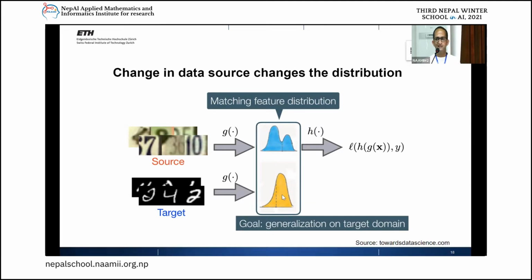If we manage to align these blue distributions and yellow distributions somehow, by measuring the distance between the distributions and hence minimizing the distance, maybe a model that's been trained on MNIST is also going to work on this dataset, which is more of real images.